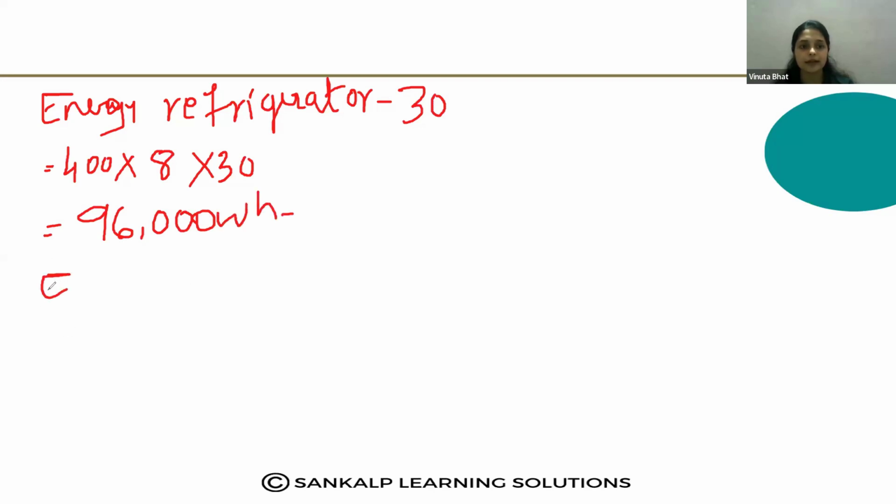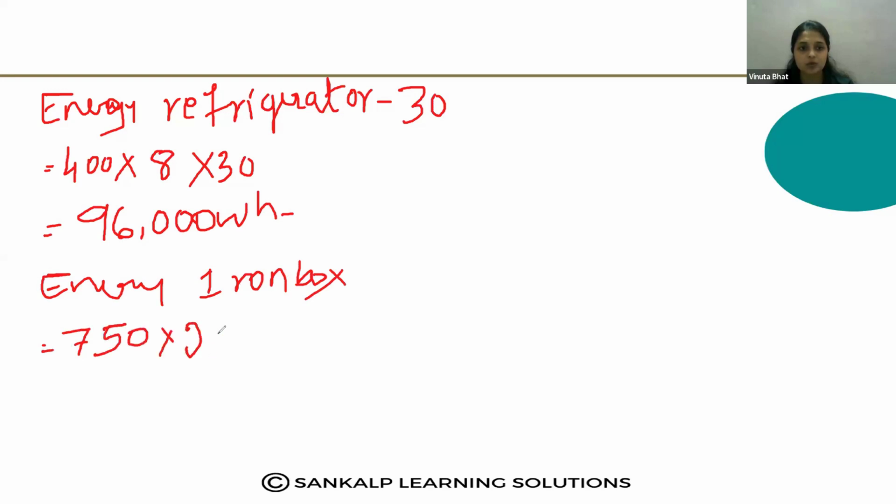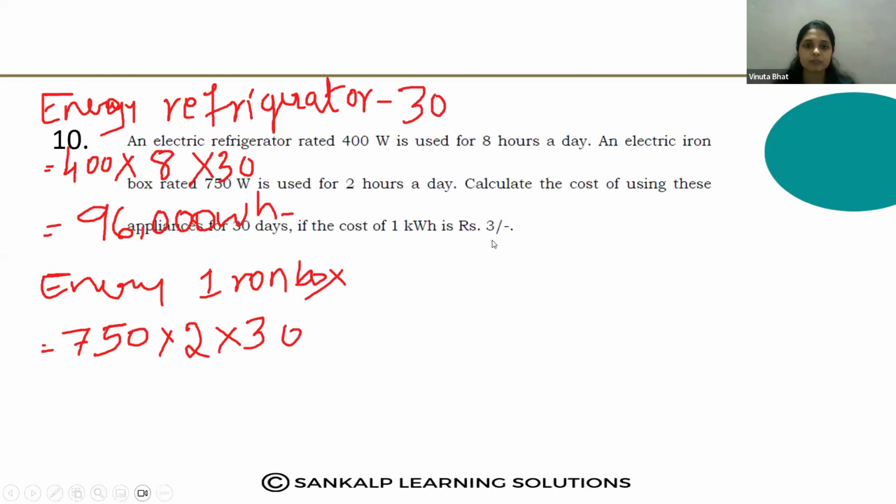So here, energy consumed by iron box for 30 days. What is the power? That is equal to 750 watt. So that is used 2 hours per day, 30 days. Okay, so just check it once: 2 hours per day, 750 watt, 30 days.